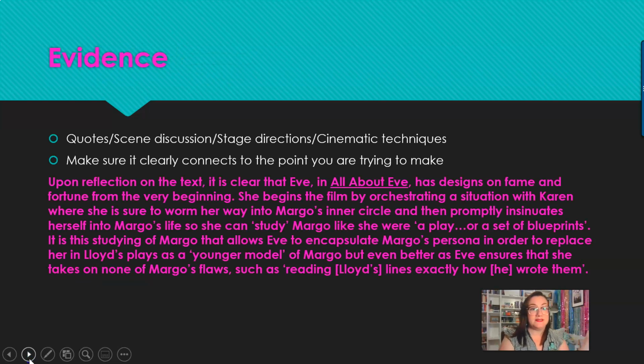Let's have a look at evidence. Evidence is very similar to what you would do in a text response. This is kind of like a text response on steroids. Evidence can be a quote, a scene discussion, talking about something that happens. It could be stage directions, because obviously Macbeth is a play, so it has stage directions, or it could be cinematic techniques.